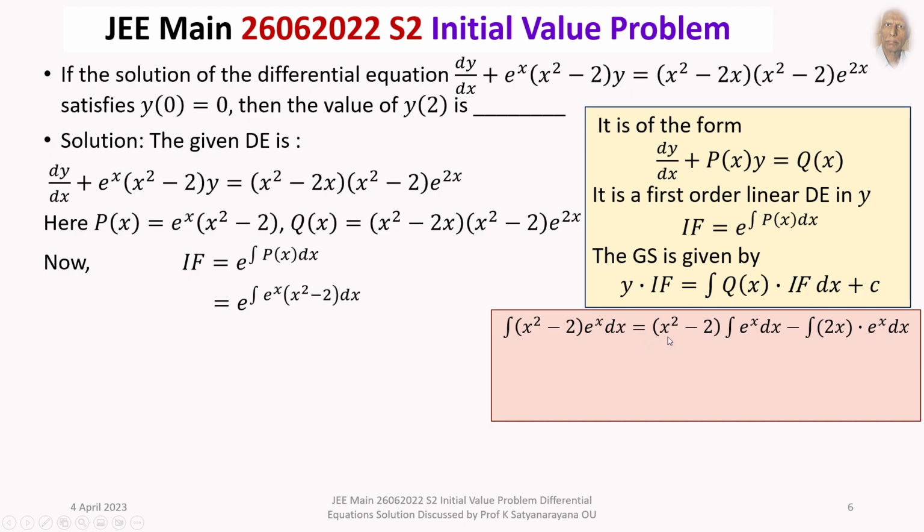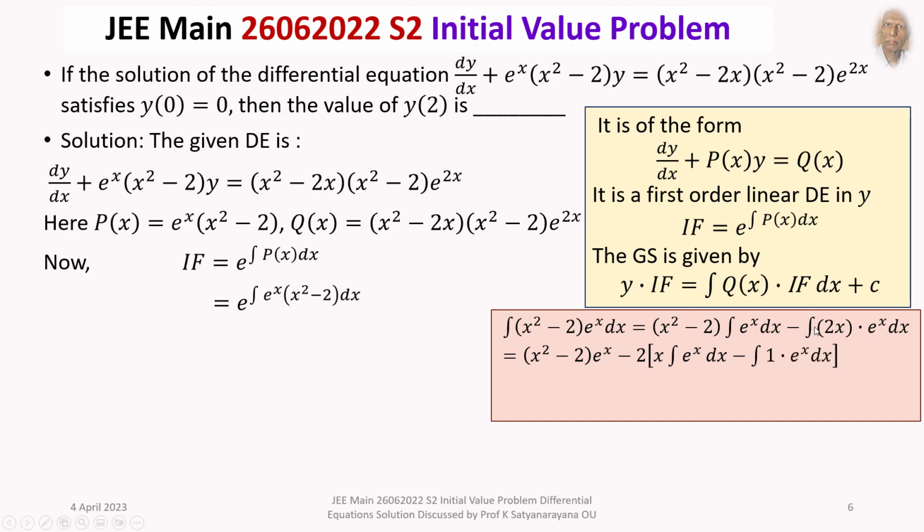So this will be equal to (x square minus 2), the first function, into integral of the second function e power x dx, minus the integral of the derivative of the first function, that is 2x, into the integral of e power x, which is e power x only, with respect to x. And this will be (x square minus 2) into e power x minus 2 times integral x e power x dx. Again, we use the integration by parts for the integral of x e power x dx.